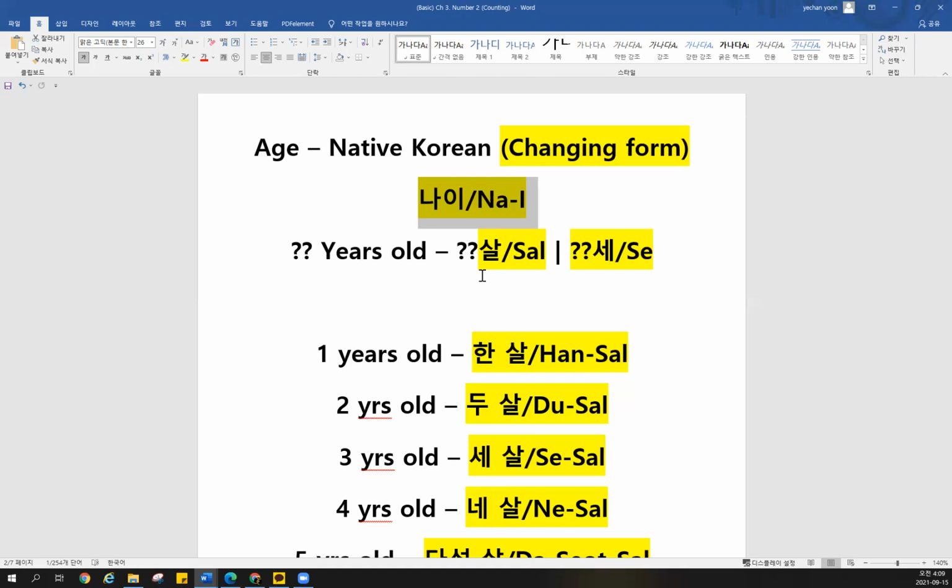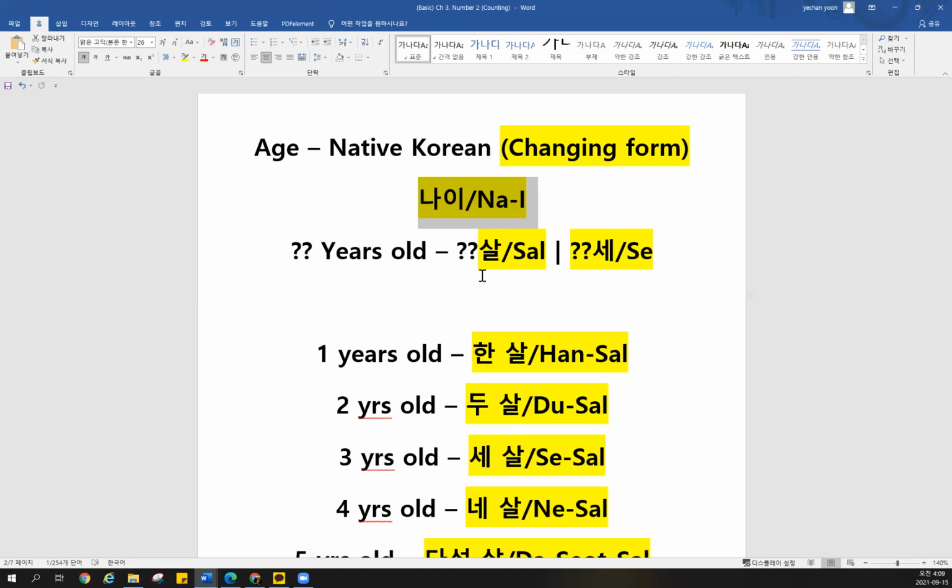But blah blah 살 is usually for speaking. So let's say somebody asks you about your age, how old are you, then you can use blah blah 살 for the counting words. Okay, really simple.